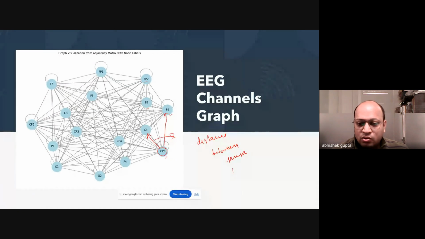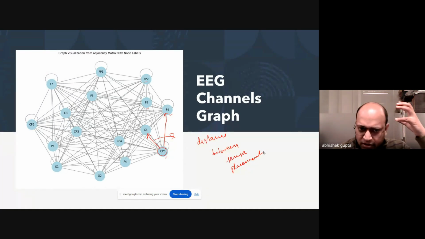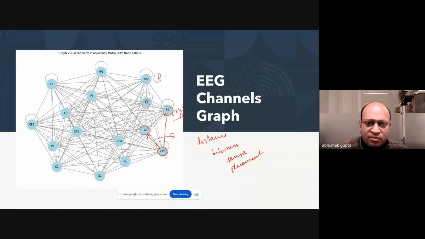If anyone is on the system, they can easily go on Google and search the EEG data collection process. They'll find images of the brain covered with many sensors. So this is the way. Basically, these are the different hemisphere locations on the head where different sensors are placed, and these sensors have some distance between them. We can say the position of F4 is defined by some coordinates x, y, and the other position is defined by some coordinates p, q.